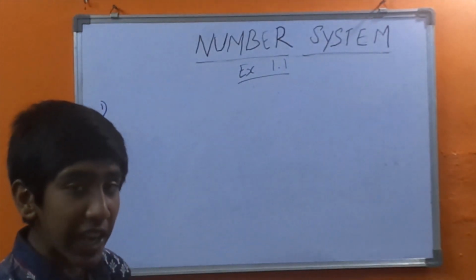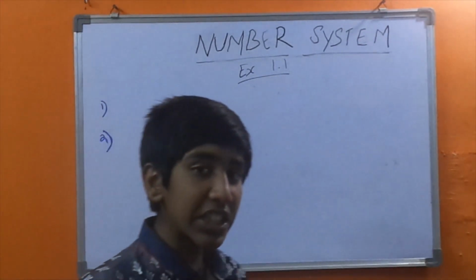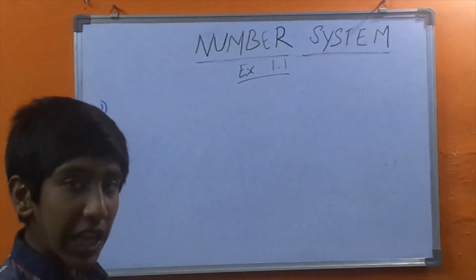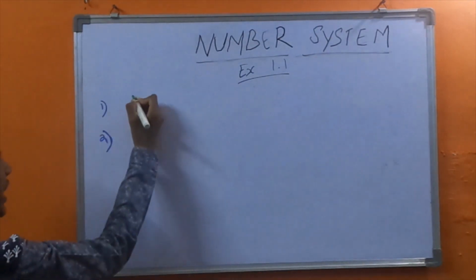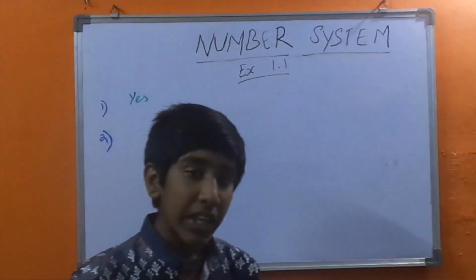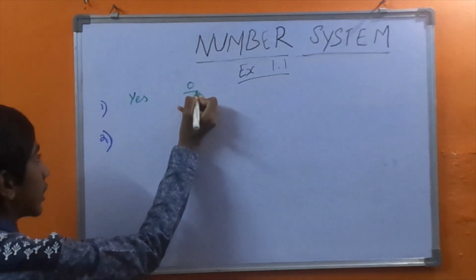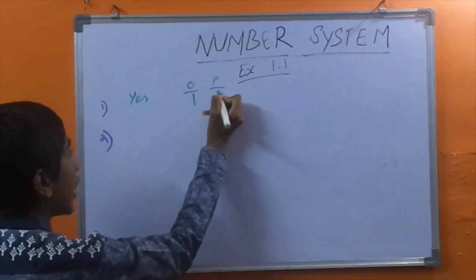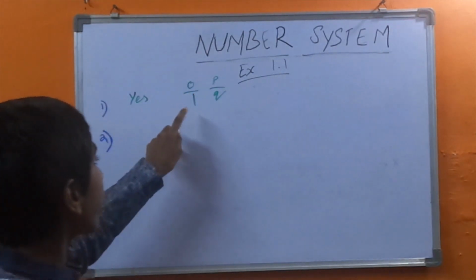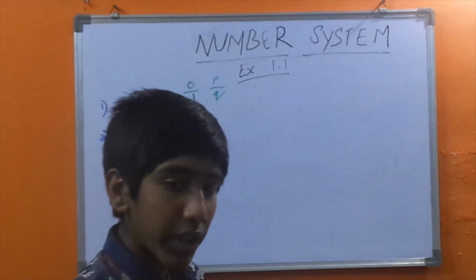Can it be written in the form of p by q, where p and q are integers and q is not equal to 0? And the answer for this is yes. Yes, it can be written in the form of p by q, like this, where p and q are integers and q is not equal to 0. Yes, 0 is a rational number.